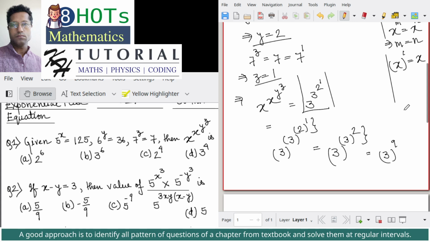5 to the power x is 125, 6 to the power y is 36, and 7 to the power z is 7. Then it is asking x to the power y to the power z, and the choices include 21.